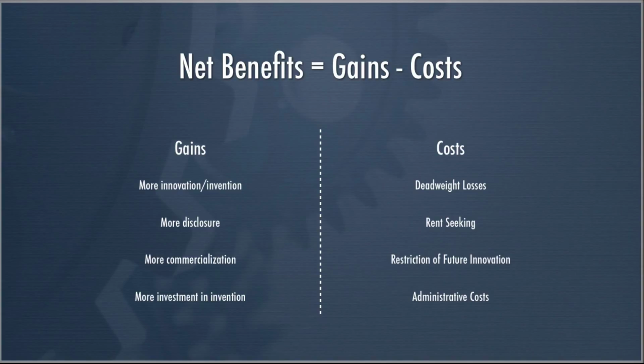The costs, of course, are pretty important. Deadweight losses we've talked about, rent seeking we've talked about, possible restriction of future innovations, and administrative costs, right? And so how these two, the gains versus the costs, weigh out will determine the net benefits of the system.